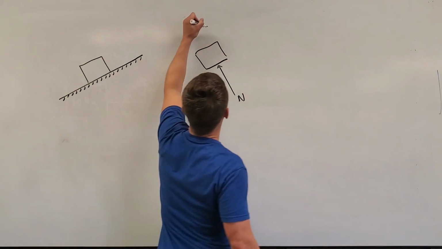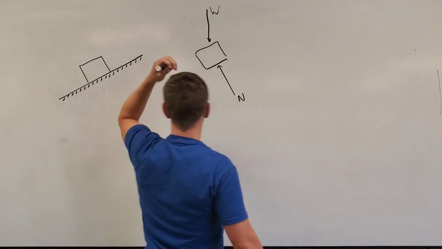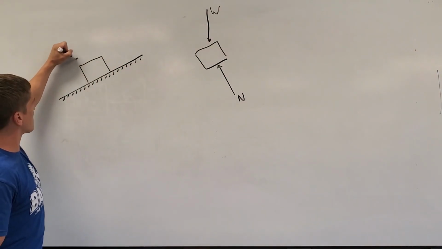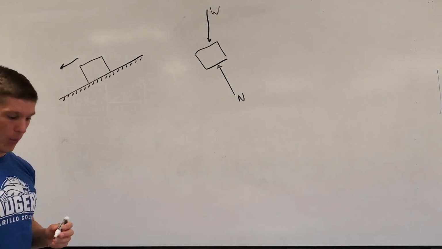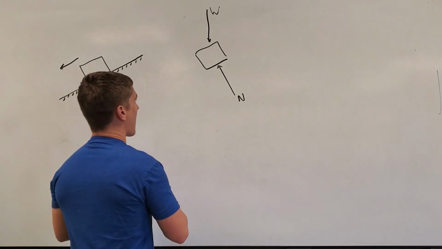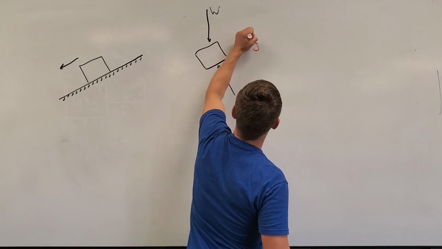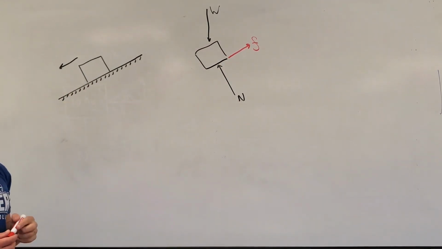I'm going to have the weight of the block acting downwards. And then when I increase this slope to the point where this block starts to slide this way, friction is always going to oppose that relative motion. So I'm going to have some force of friction acting in this direction, opposing that direction of motion, right?